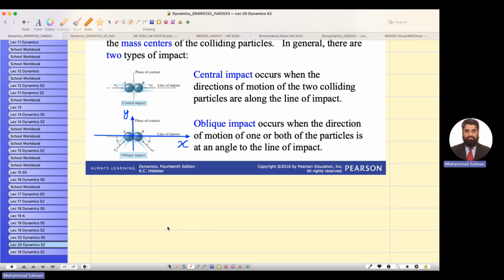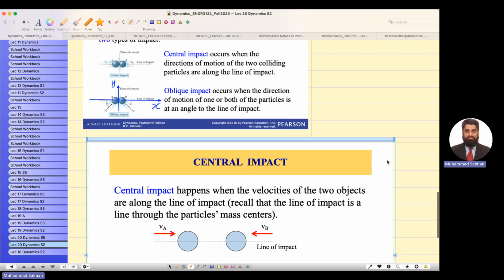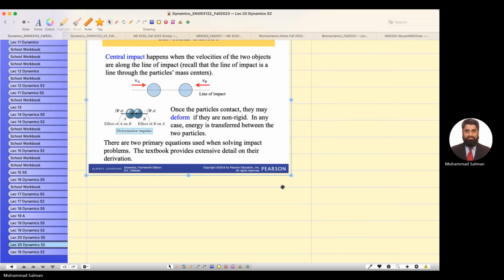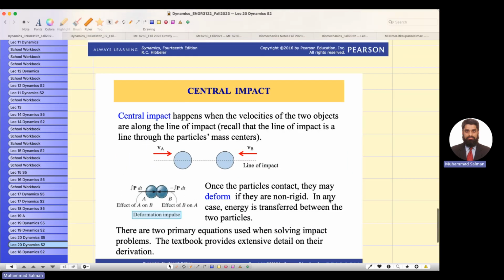So let me show you the next equation. It's not the equation, but the concept. We are still understanding the concept. So the two particles are moving along the line of impact. When they hit each other, look, this particle is moving along this direction.